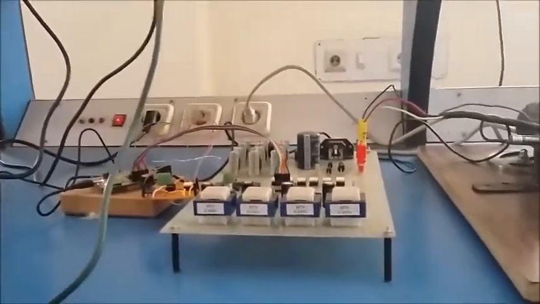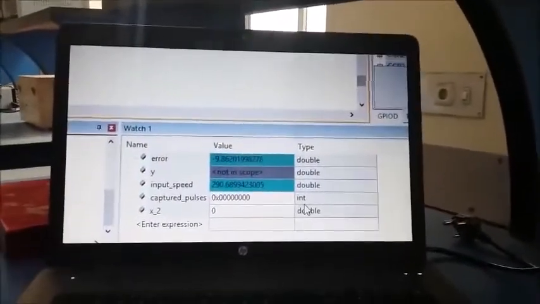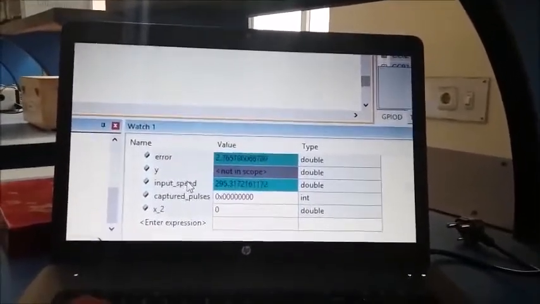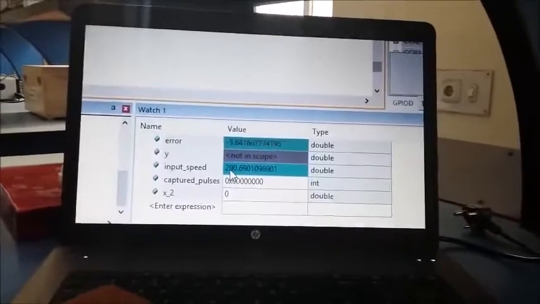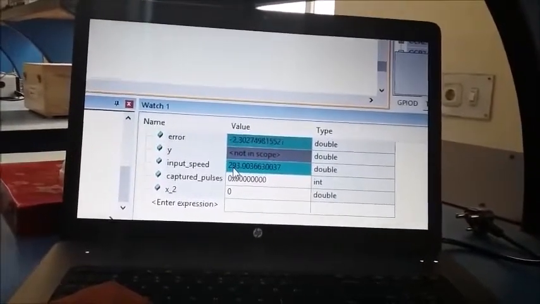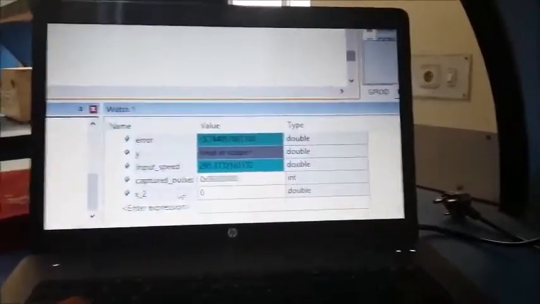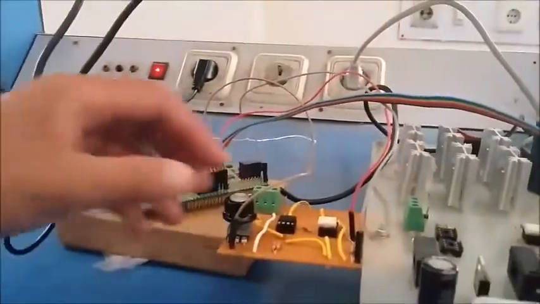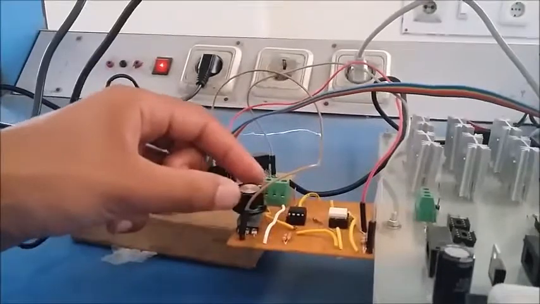Now we will introduce the functionality of our project. Here you can see that we have the input speed which has the unit of RPM. This is the input speed which is fed to the microcontroller, and this generates an error signal.